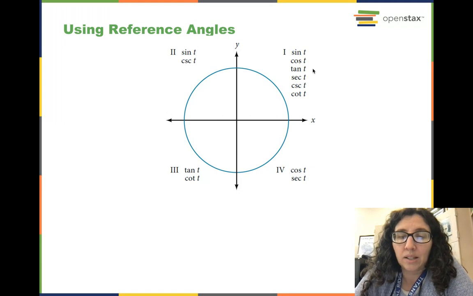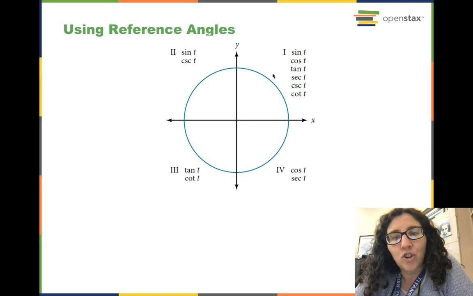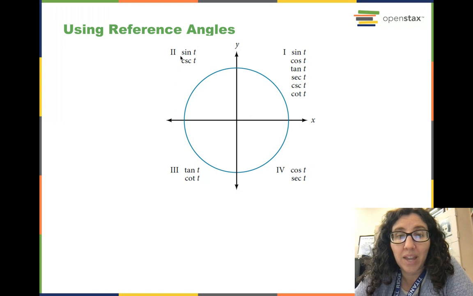One is that we could use the acronym A Smart Trig Class. Isn't that nice? That's you guys. In this quadrant, all of the trig functions are positive. Smart, in quadrant 2, sine and cosecant, which is 1 over sine, are positive.